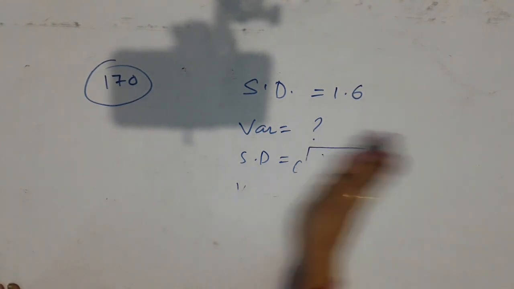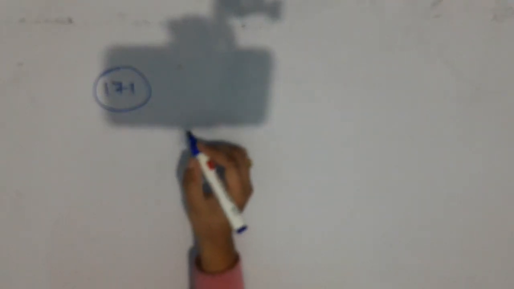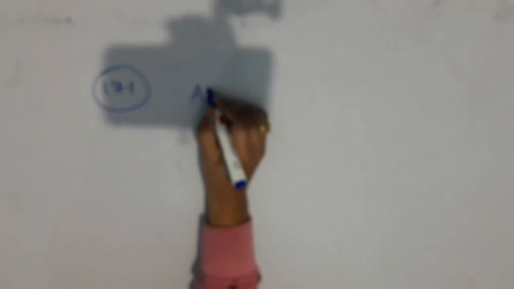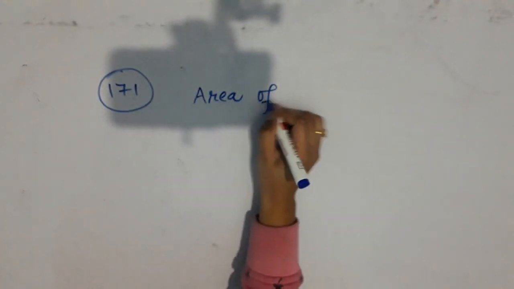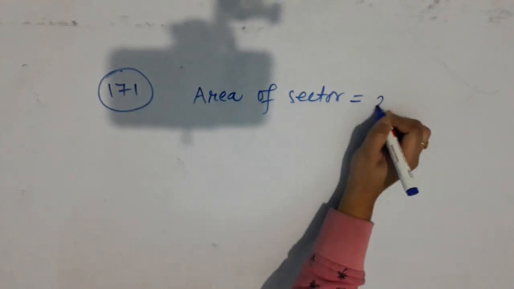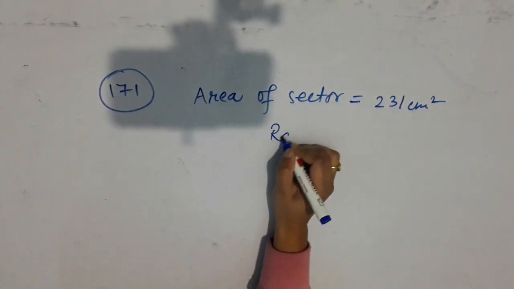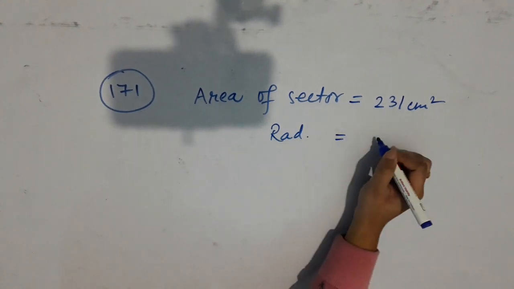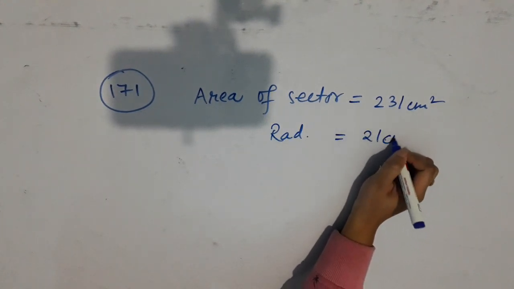Now let's move on to the next question. The next question is 171. The 171 says that the area of the sector is given as 231 centimeter square, and the radius of the sector is also given, that is 21 centimeter.